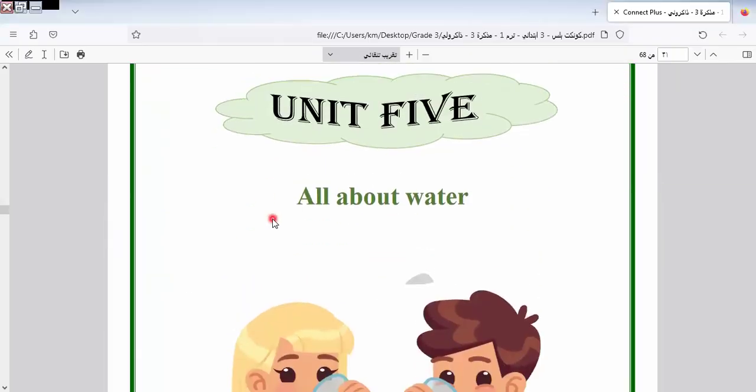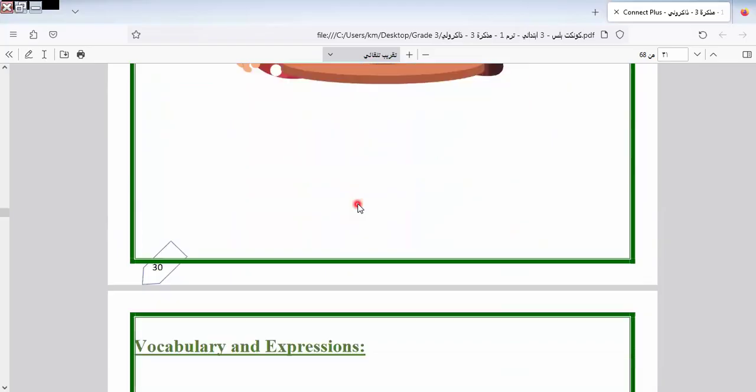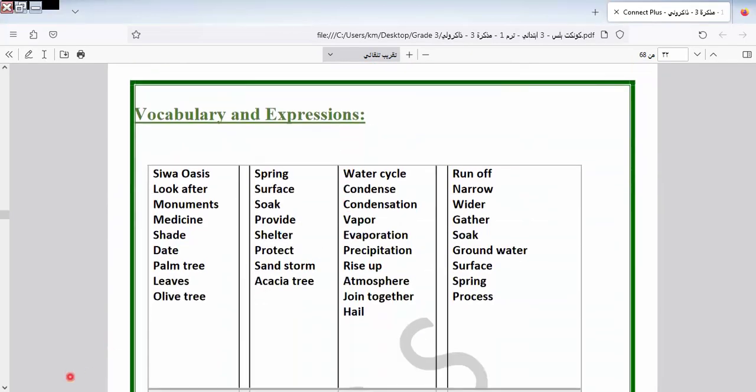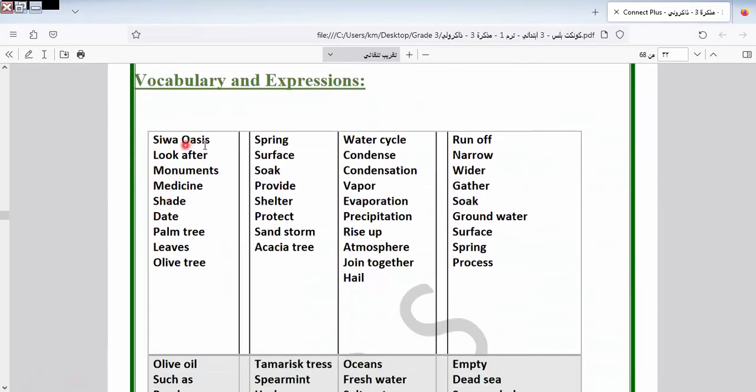Let's go to another one here, Unit 5, all about water. Let's revise this unit together. Here we have Siwa, seas, spring, water cycle, run off. Here we have look after, surface, condense, narrow.